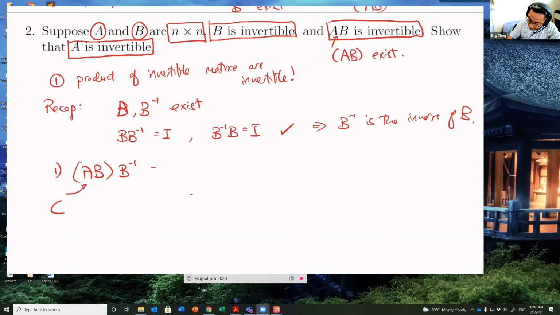So this means C times B minus 1. I didn't change a thing. And then the second step is I'm going to open up the bracket. The associative theorem tells me that I can change the order of my multiplication. I can do it this way: A, B B minus 1 on my right hand side, C B minus 1.